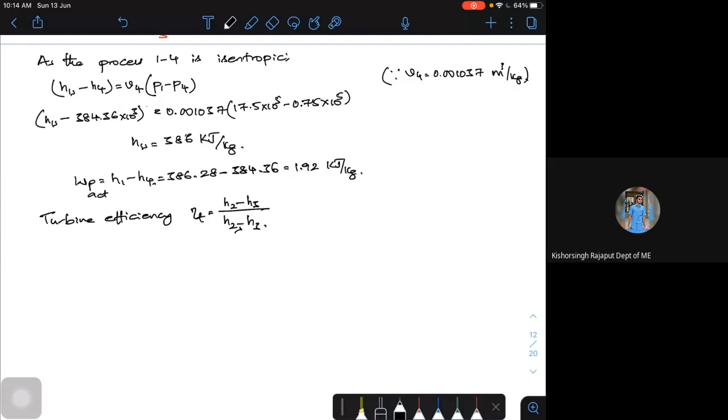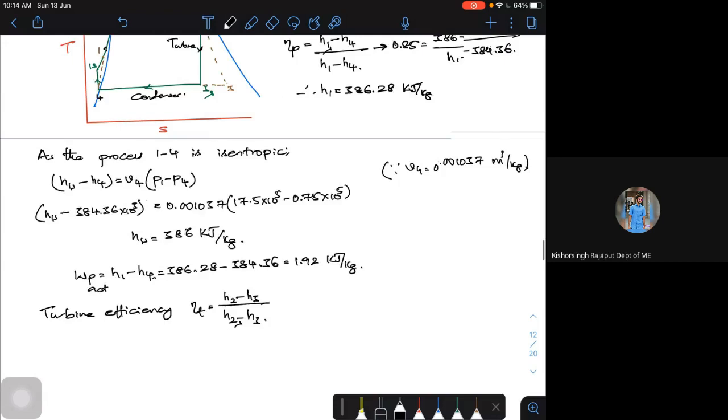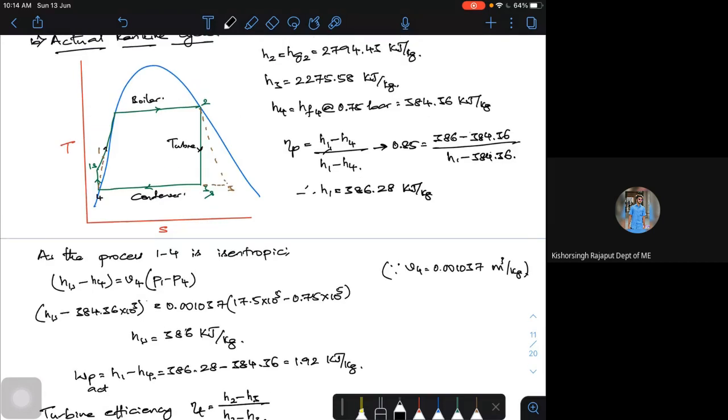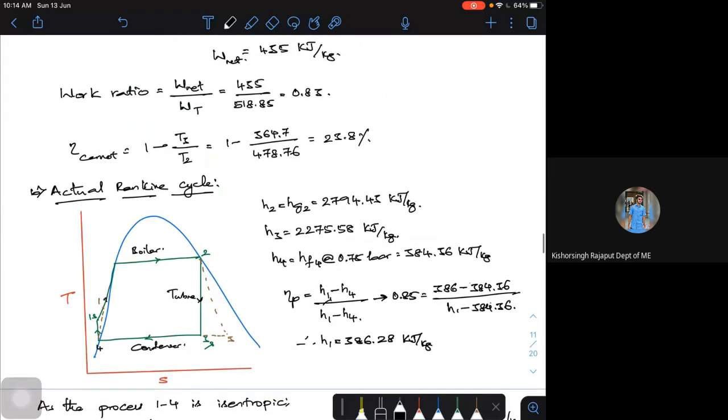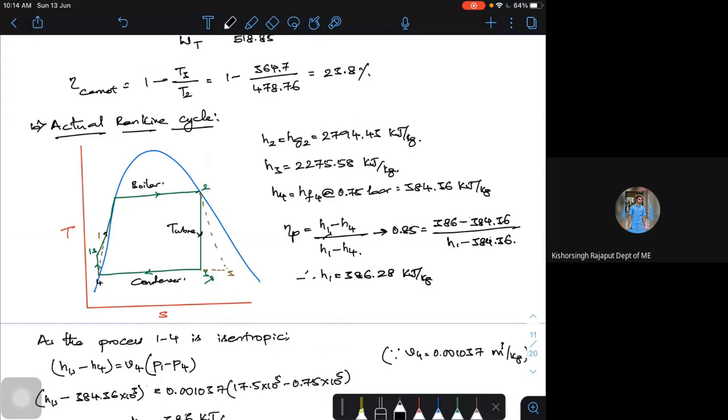Okay, then what is your H2? H2 we already know it is 2794.46. Then what is your H3S? H3S we already calculated. It is H3S, not H3. So we have to find H3.